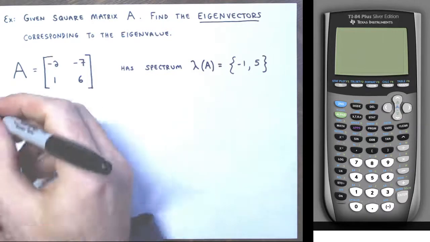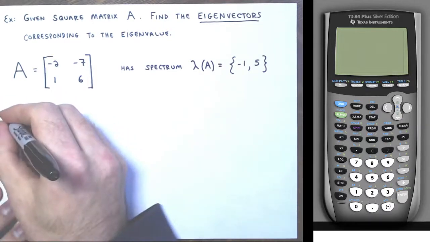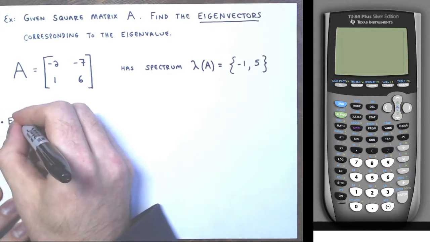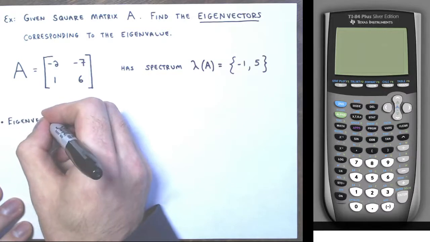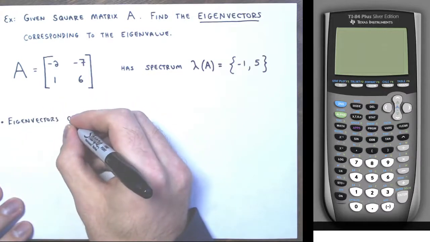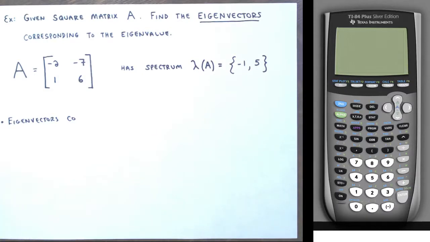So for the first part, I'm going to find the eigenvectors corresponding to -1, right? You can only really work with one eigenvalue at a time. Right.